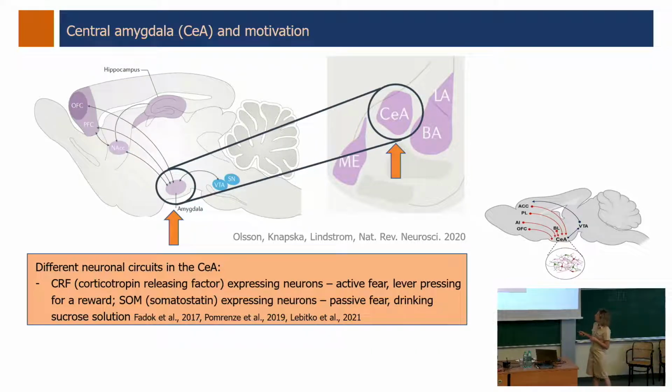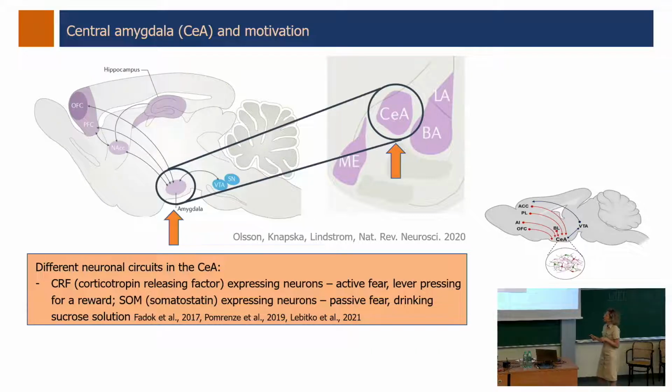But still, when you look at the effects of this manipulation, we see very different responses that are affected. Manipulating the same population of neurons can affect both fear and food-motivated responses. So the question is, how is it possible?